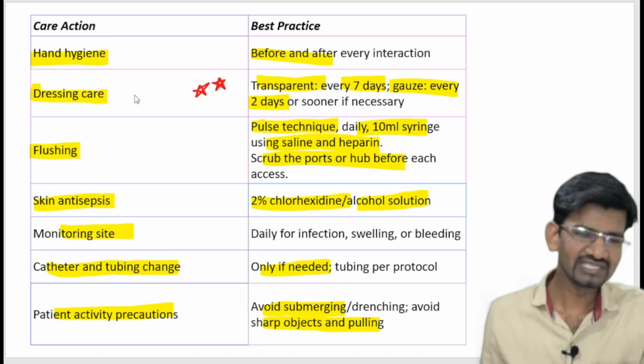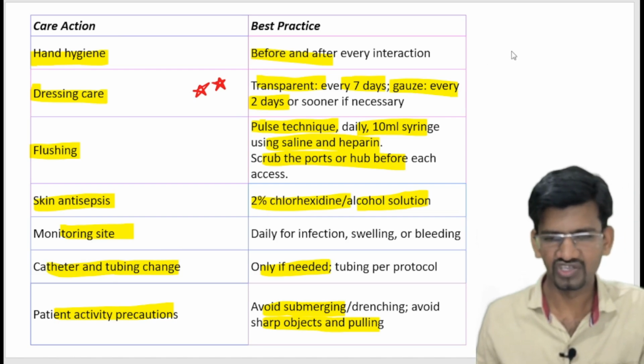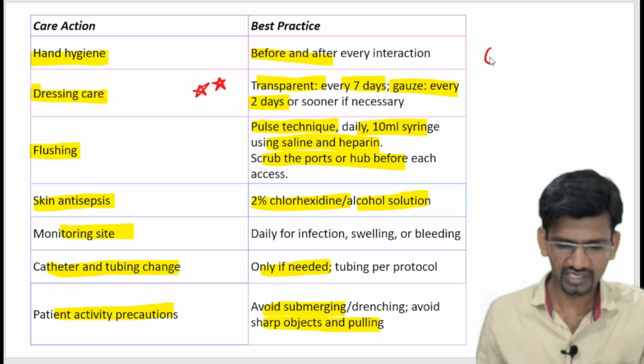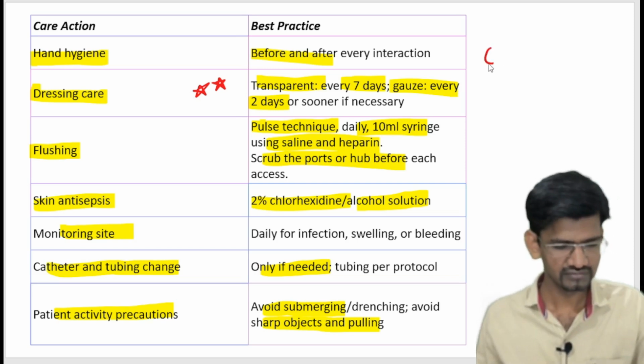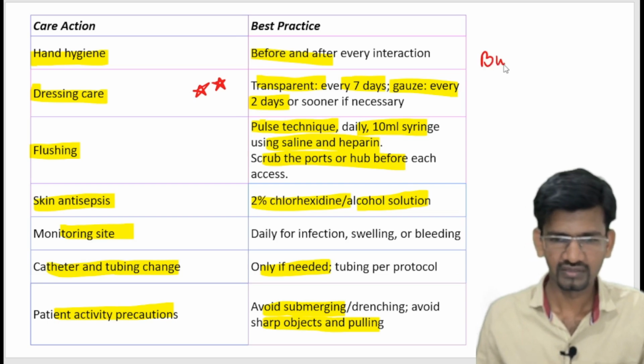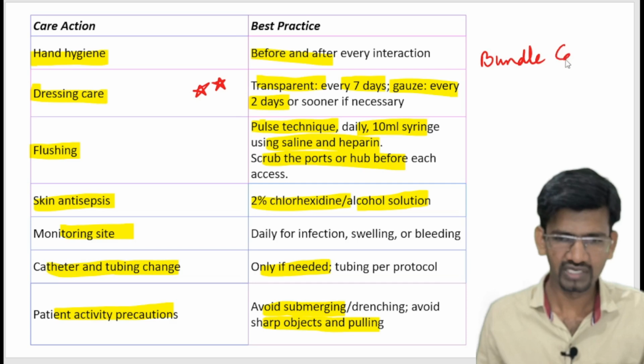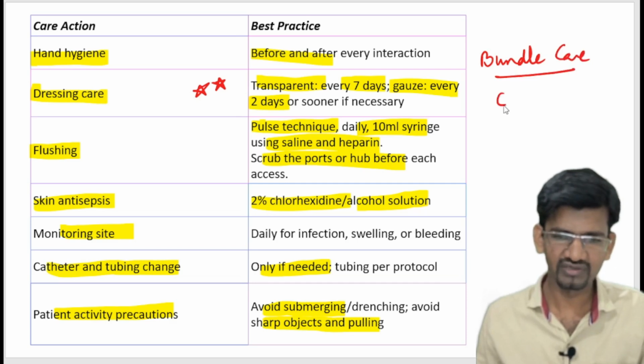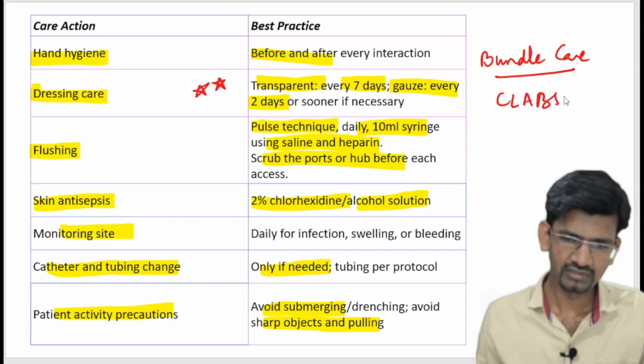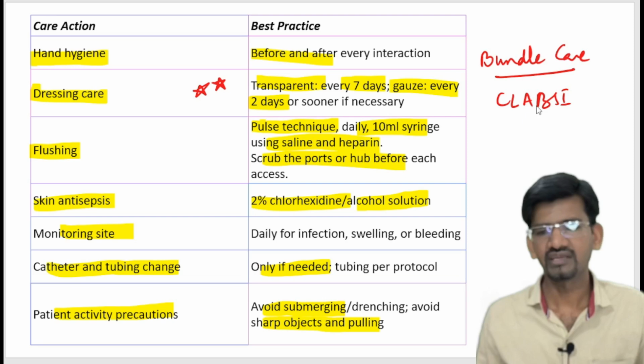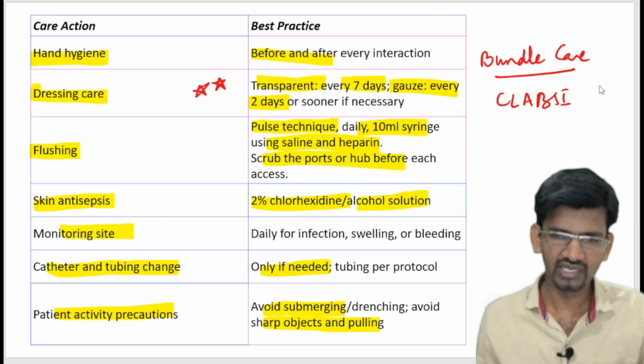So out of all these things, you must remember these. You can consider it as a bundle of care in hospital acquired infection prevention. So this is bundle care. Bundle care for prevention of CLABSI, central line associated bloodstream infections.